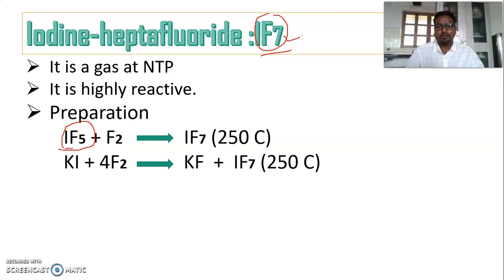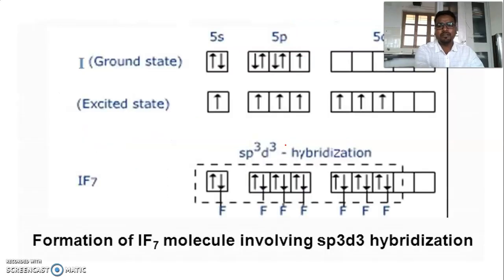When iodine pentafluoride reacts with fluorine, it gives IF7 at 250 degrees Celsius. It can also be prepared by using potassium iodide reacting with 4 molecules of fluorine, giving potassium fluoride and IF7 at 250 degrees Celsius.